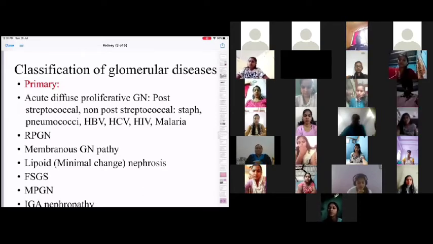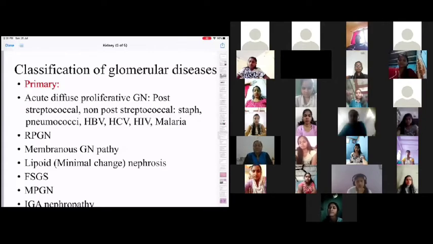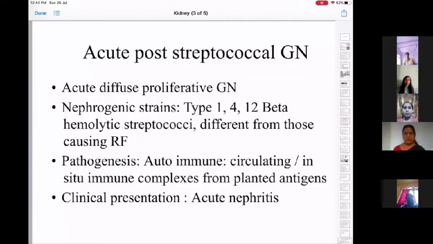Third is membranous glomerulonephritis. Fourth is the glomerulonephritis caused mainly by beta hemolytic streptococci, and the strains are type 1, 4, and 12.